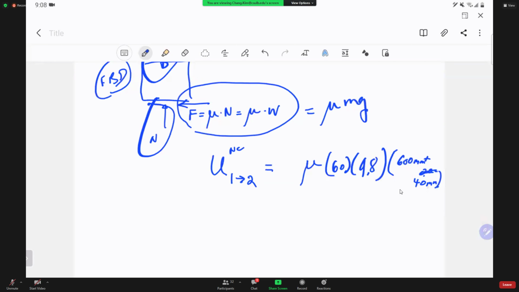Okay, so that's what that is. However, the friction force is acting against the movement of the block. Therefore, the work done by this friction force is negative, introduced into our dynamic system.